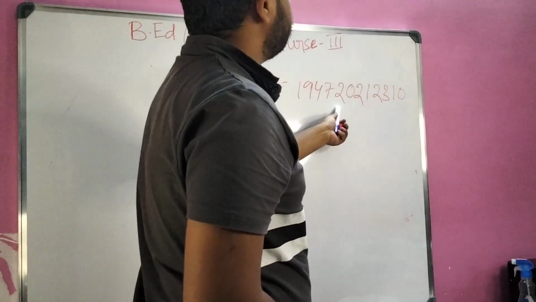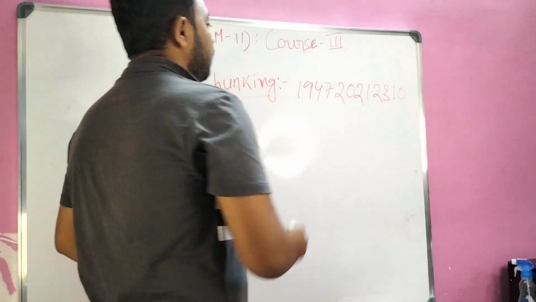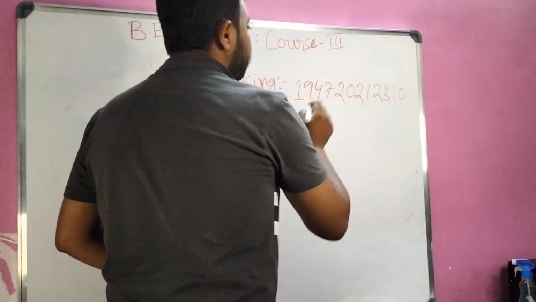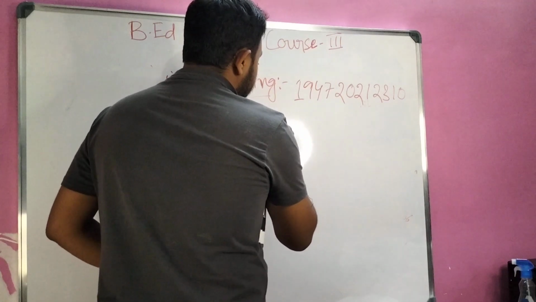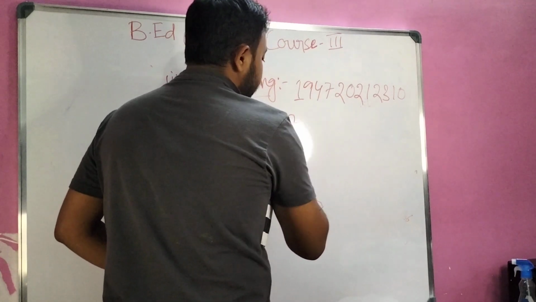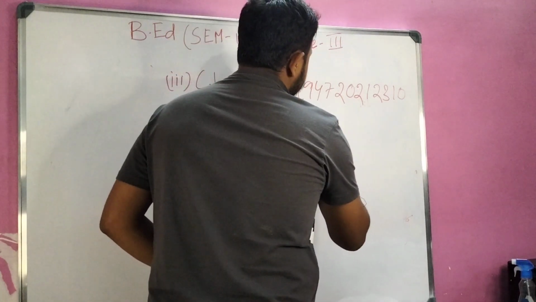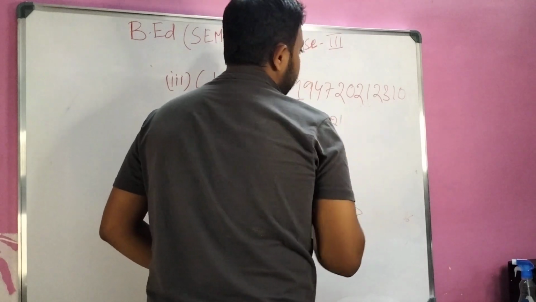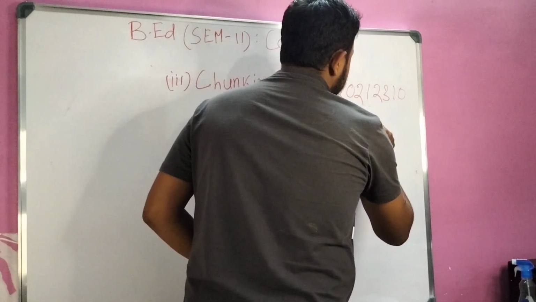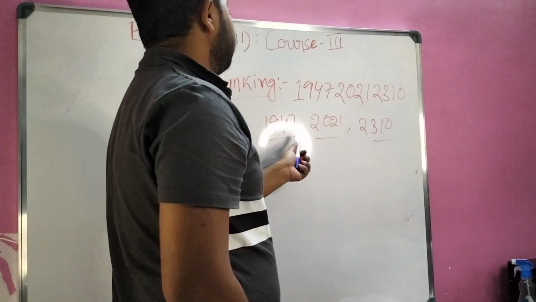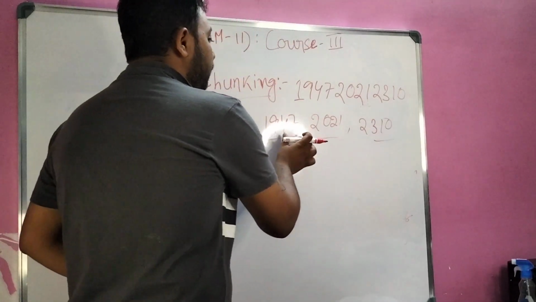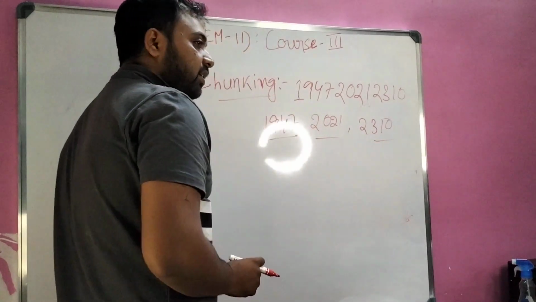How do we remember those numbers? We divide those numbers into three parts. Like 1947 first, then second we write 2021, and thirdly we write 2310. Now we divided this number into three parts. These parts are called chunks.